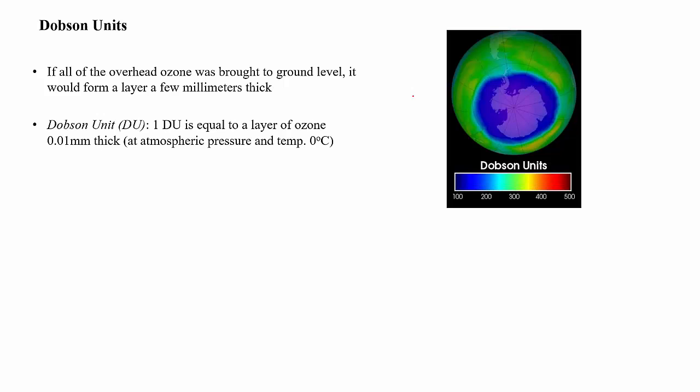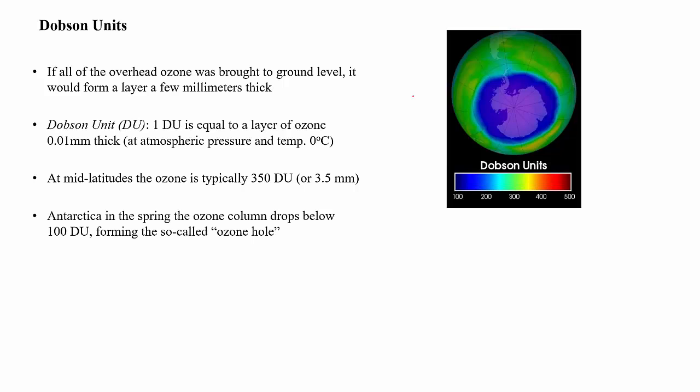A Dobson unit is equal to a layer of ozone just 1/100th of a millimeter thick at atmospheric pressure and 0 degrees C, so-called standard temperature and pressure. At mid-latitudes, for example in Toronto, the ozone column is typically about 350 Dobson units, or about 3.5 millimeters if you brought all the ozone down to ground level.